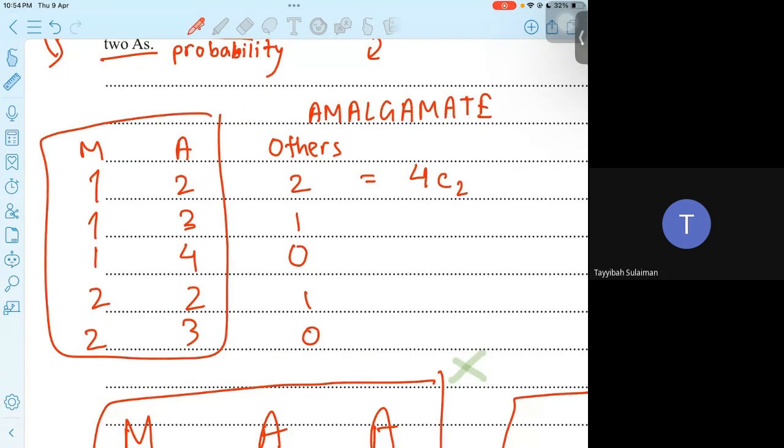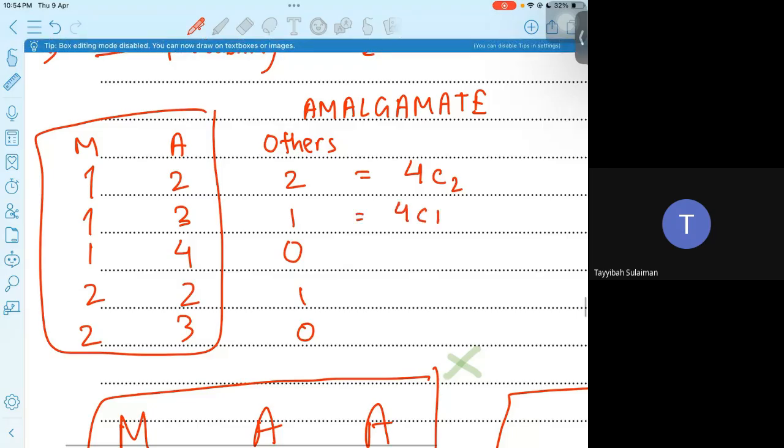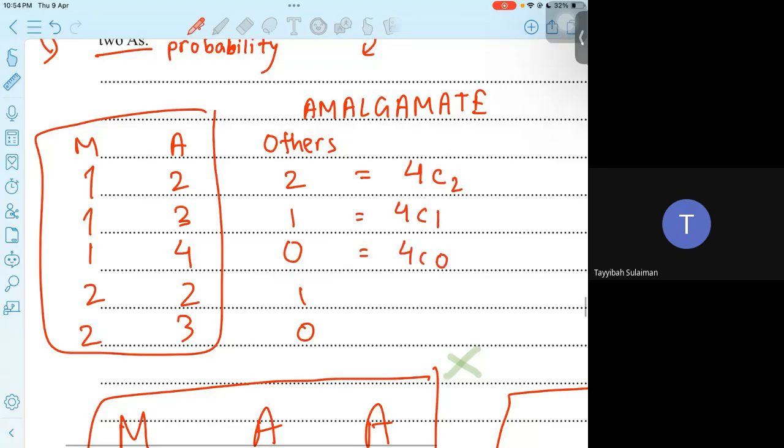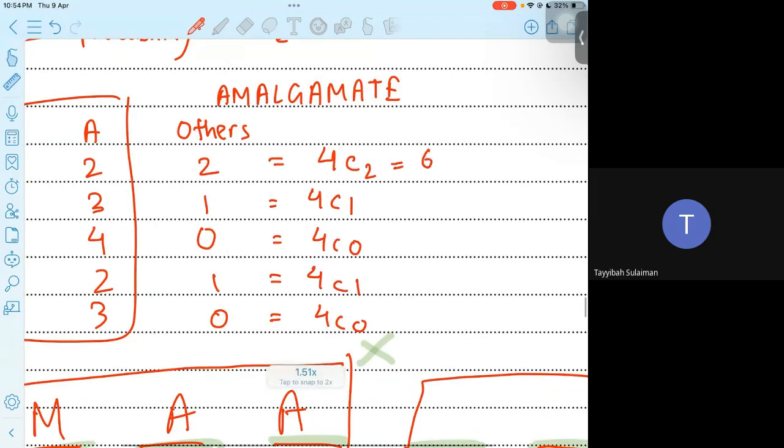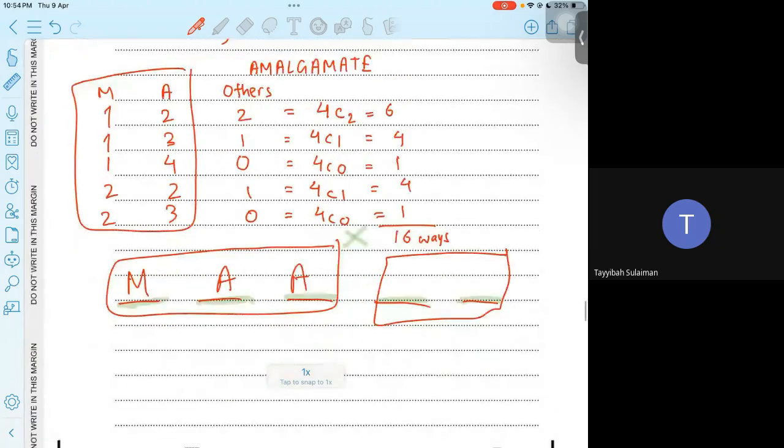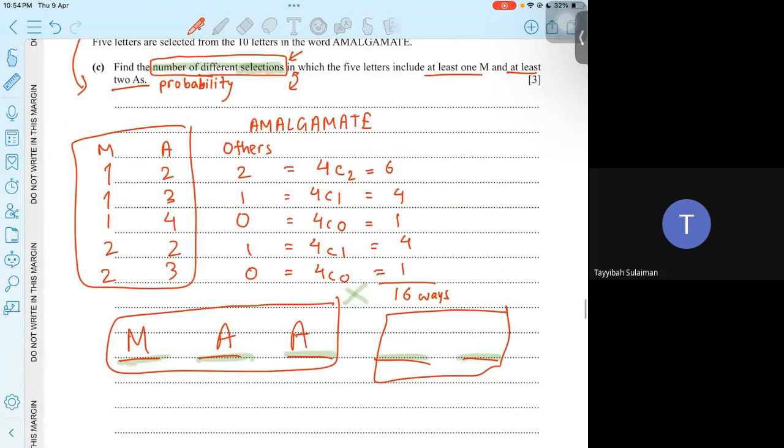It's just the rest of the parts. So that is 4C1, 4C0, 4C1, 4C0. This is 6, this is 4, this is 1, this is also 4, this is 1. These come out to be 16 ways. So the answer for this question is 16.